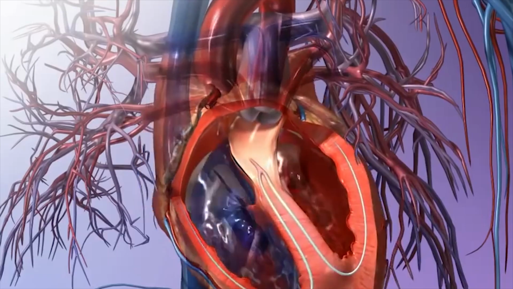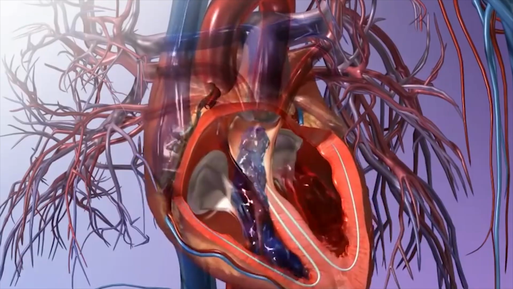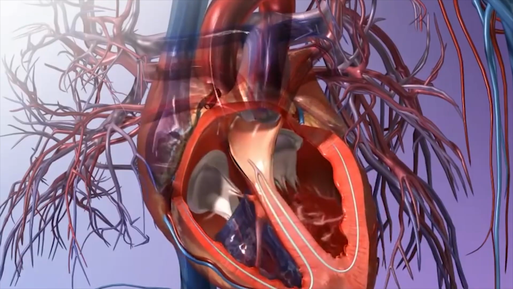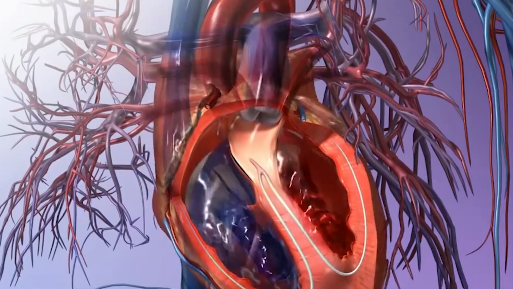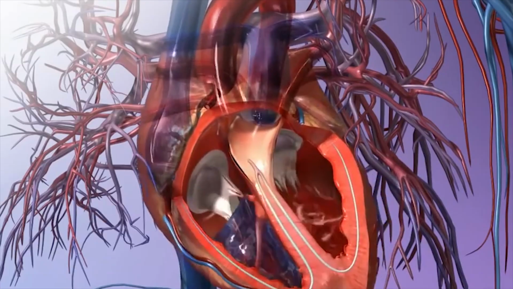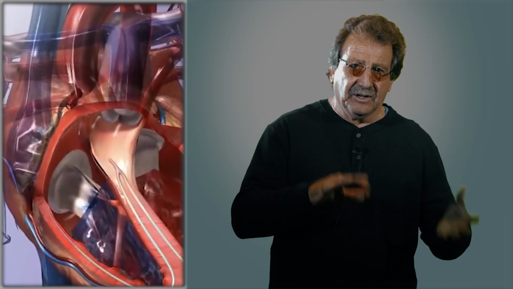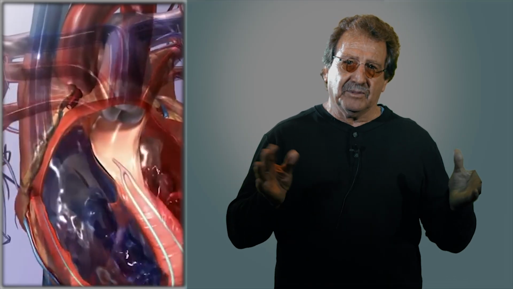As the body only has a fixed volume of blood, it must be continually returned to the heart for oxygenation. Venous return is the quantity of blood that flows from the veins into the right atrium per unit of time, or 1 minute. So therefore our cardiac output and our venous return must equal each other. Right? We've only got X amount of blood.